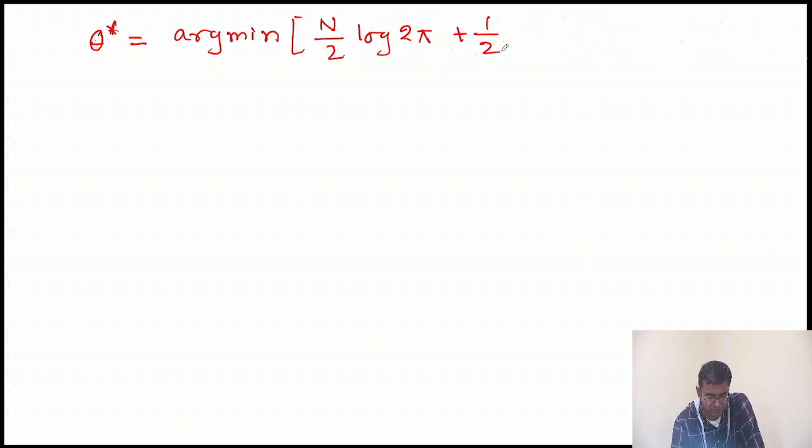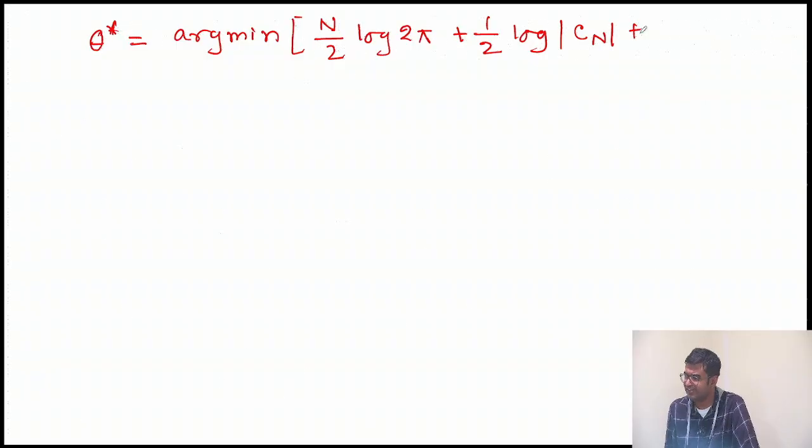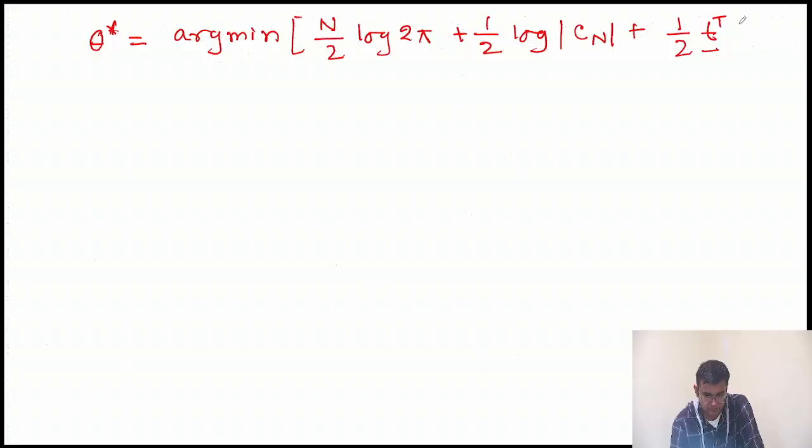Then you get half log determinant of C_n, a useful term because C_n has theta, so you cannot ignore this. And remember, last time I said that for the log determinant, you should not write your own code. There are efficient algorithms built into MATLAB and Python for finding the log determinant; you should use those. And the last term is half t bar transpose C_n inverse t bar.